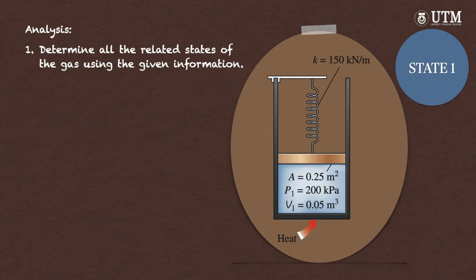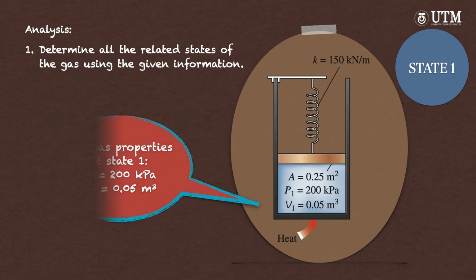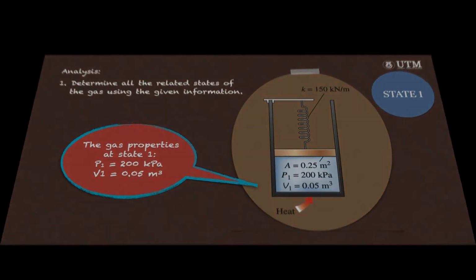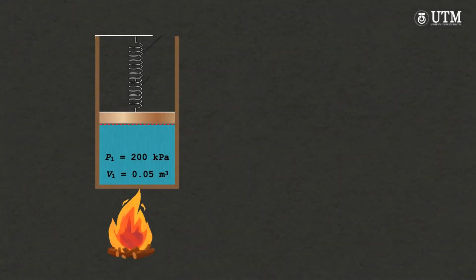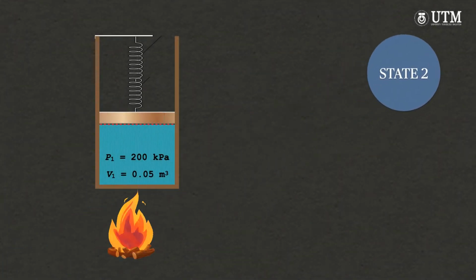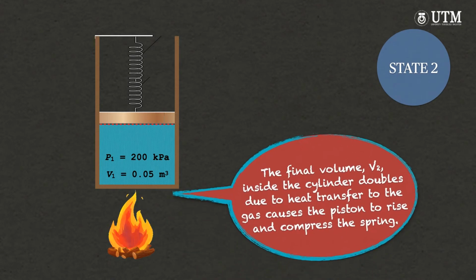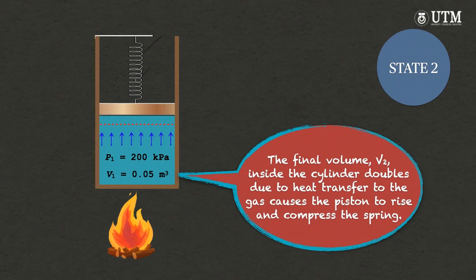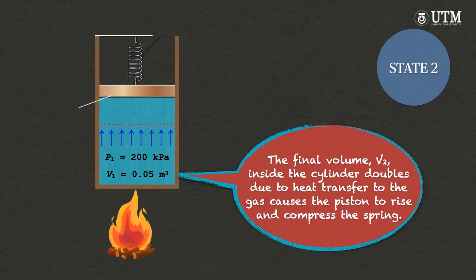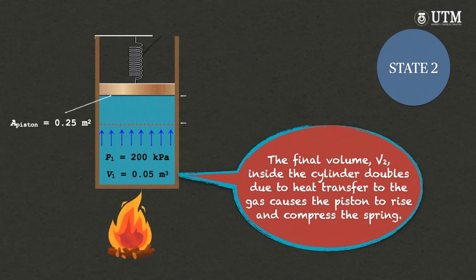Therefore, these properties represent state 1. For state 2, we can quickly calculate V2 since the final volume inside the cylinder doubles, as heat transfer to the gas causes the piston to rise and compress the spring.